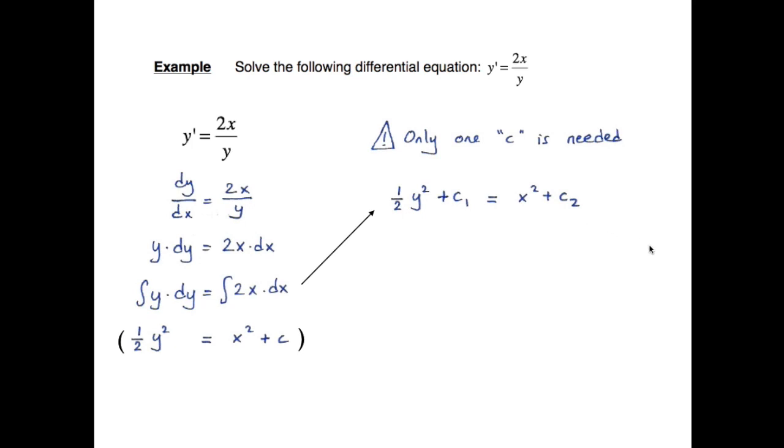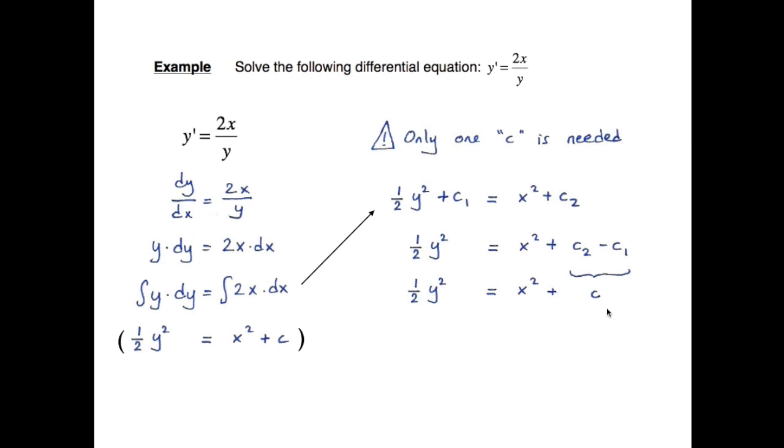What I can do if I write that is subtract c1 from both sides, and then if this is a constant and that is a constant, I can just give a new name to that constant c2 minus c1, and I fall back to what I had written earlier. So when you're integrating on both sides, you only need to put plus c on one side.